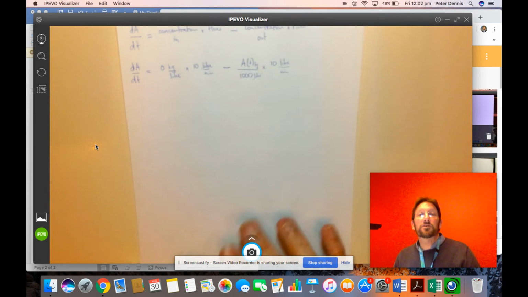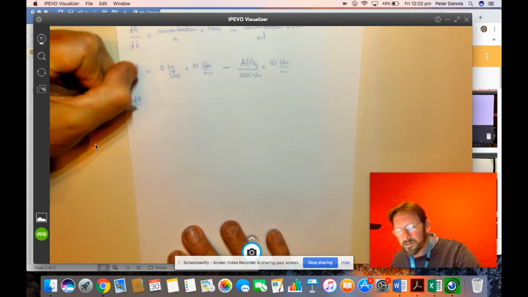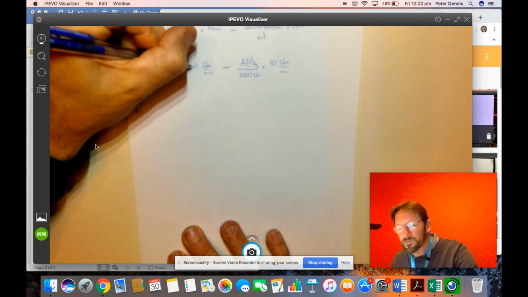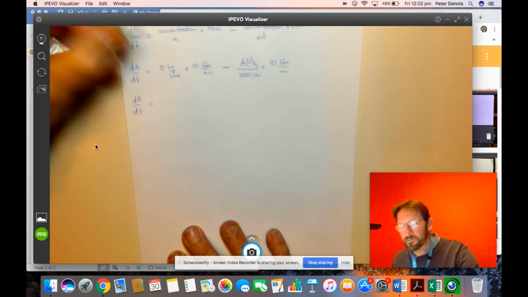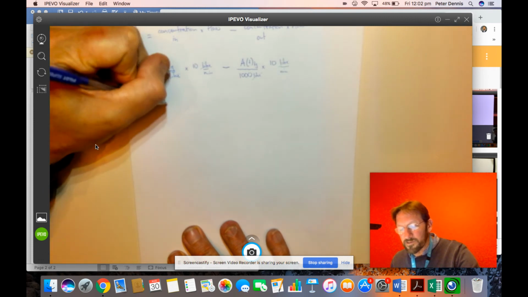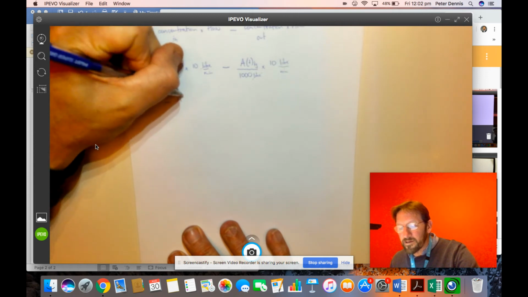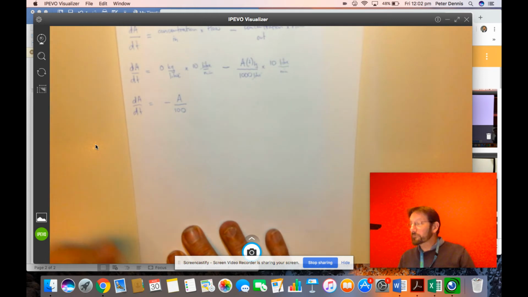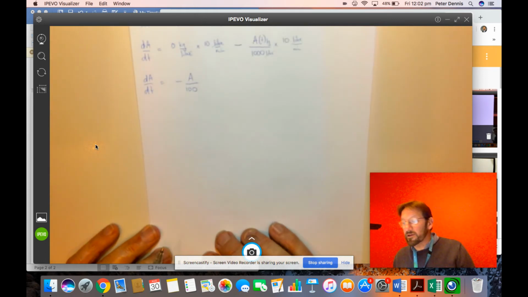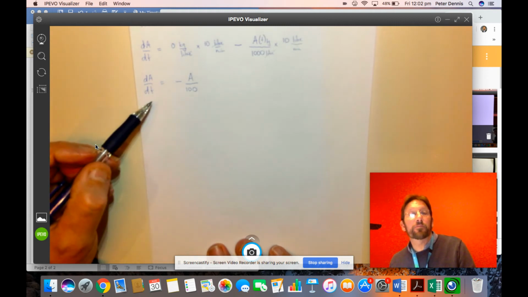So then we just got to simplify this as much as we can. This is dA/dt equals, the nice thing is this is going to be 0 because it's pure water going in, so that's always nice, equals 0 minus A over 100. Now what we've got here is a fairly nice, simple, separable equation.